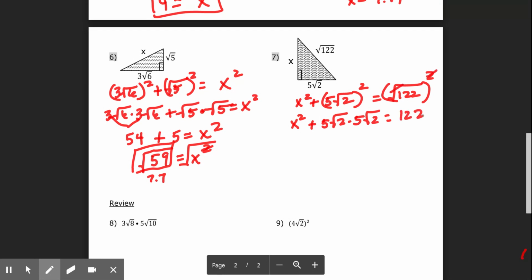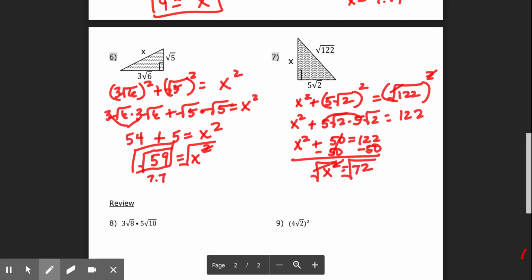So you're going to have 122. So we're going to have x squared plus 5 times 5 is 25 times that 2. So 25 times 2 gives you 50. Then we're going to subtract 50 from both sides. So x squared is equal to 72. Take the square root of that.